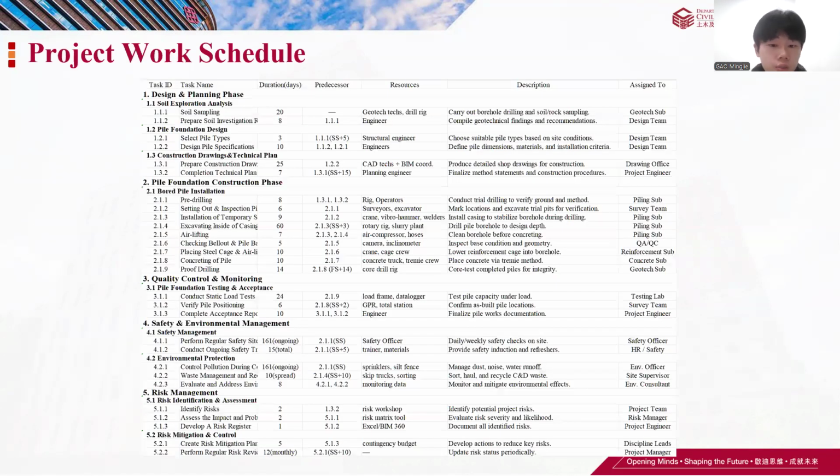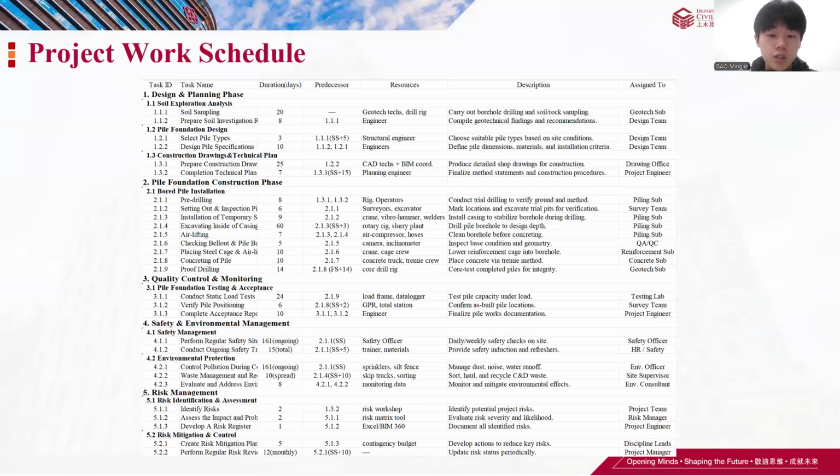Here is the project work schedule. Task durations were estimated based on a combination of historical data from similar heavy civil projects in Hong Kong, industry standards, productivity rates, and the specific scope of the reduced scale works.